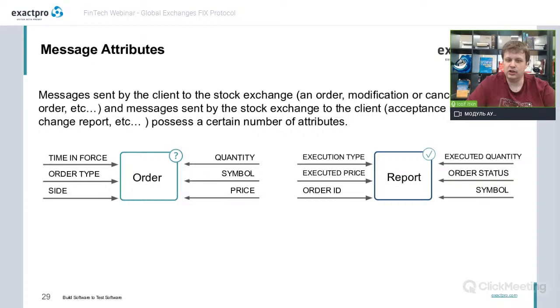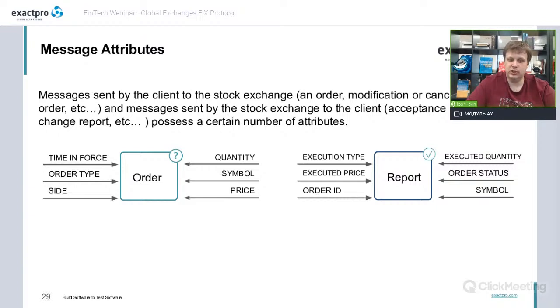And when a broker or exchange gets the order, it is trying to process it and replies with the message. The message is execution report. It also has many attributes.